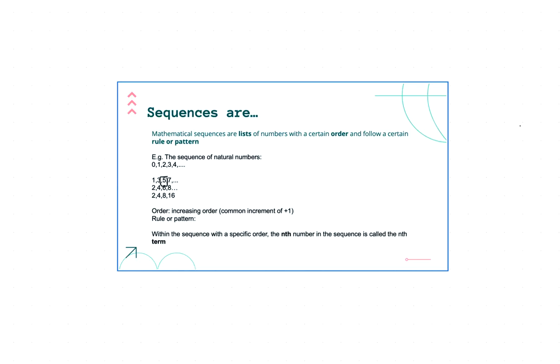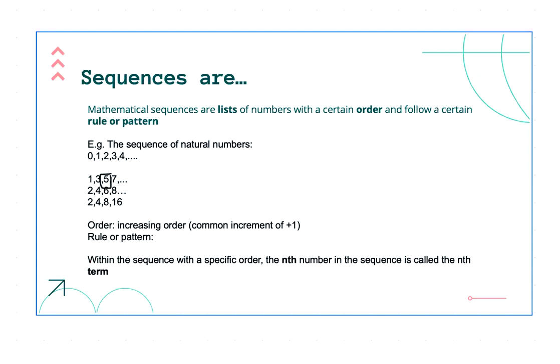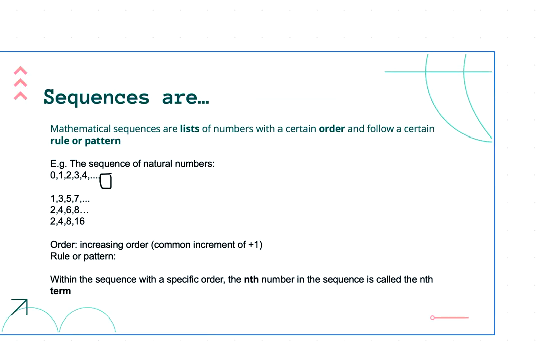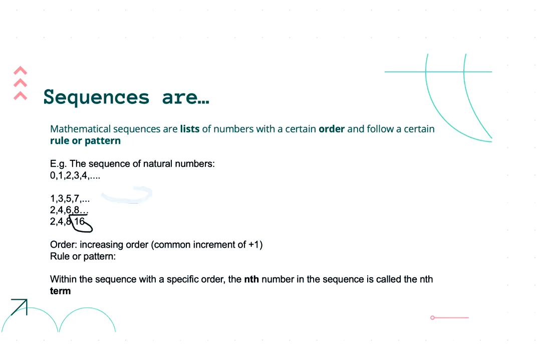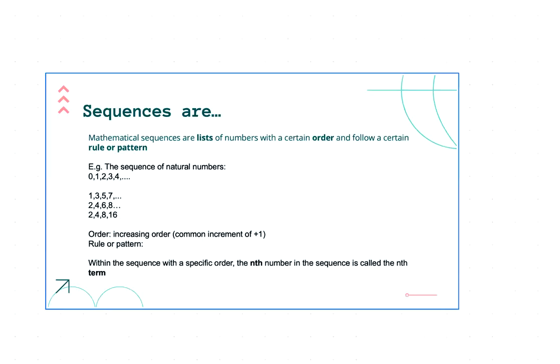Wait, let's zoom out. Okay, cool. Yeah, so for example, here, since we're taking the third number in the sequence, then we would get 5. If we were to take the, oh, this is moving around a lot. Okay, yeah, and then if we were going to take the fourth number in the last sequence, then we would get 16, right? Okay, so hopefully that makes sense, but let me know if anyone has any questions, then you can just say in the chat if you'd like.